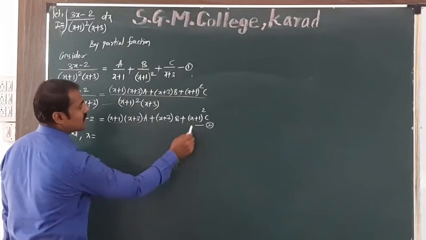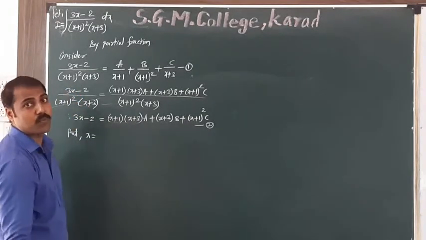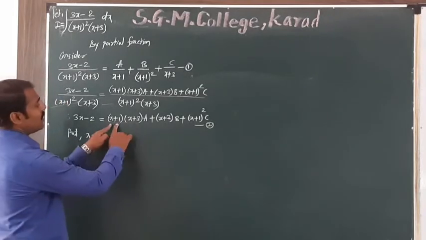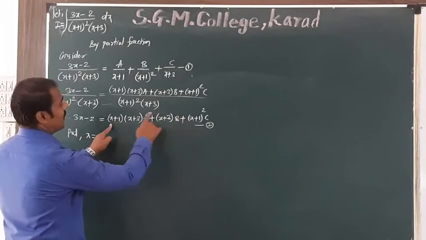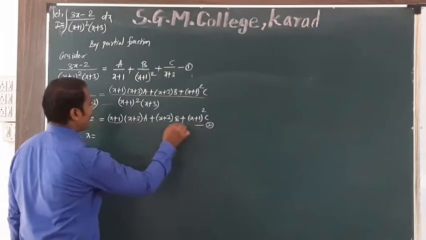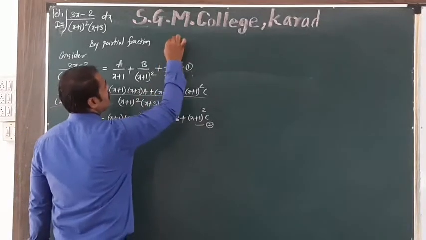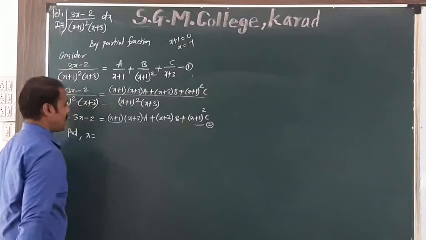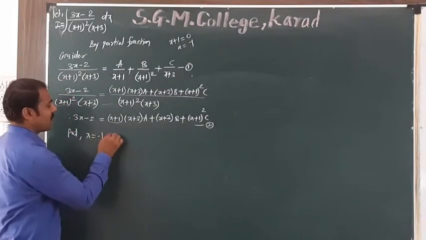Make those terms 0. When x plus 1 is 0, the common factor in these two is x plus 1. x plus 1 is equal to 0. It means that we put x equal to minus 1.